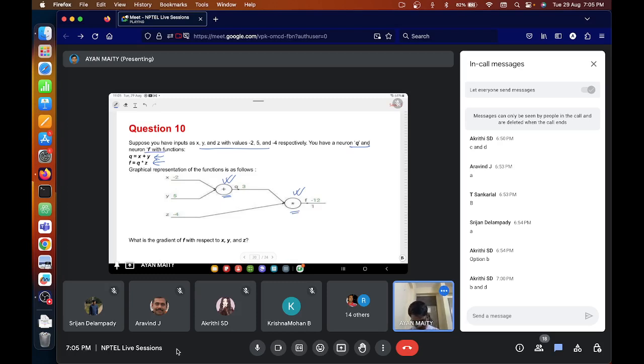So what is the gradient of f with respect to x, y and z? You have to compute the gradient of f with respect to x, y and z. So basically you have to compute del f by del x, del f by del y and del f by del z. These are the three quantities that you have to compute, and the values of x, y, z are given. So -2, 5, -4.